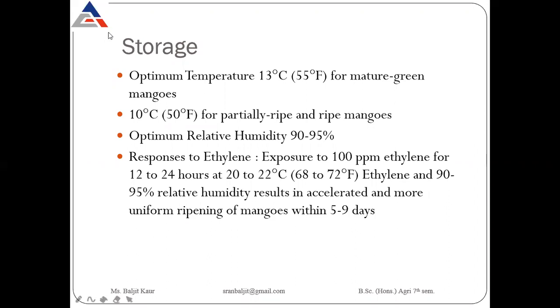So 100 ppm of ethylene is used, and fruits are kept for 12 to 24 hours under ethylene, the temperature should be 20 to 22 degrees Celsius, and the relative humidity should be 90 to 95%, and it will help with the uniform ripening of mangoes.